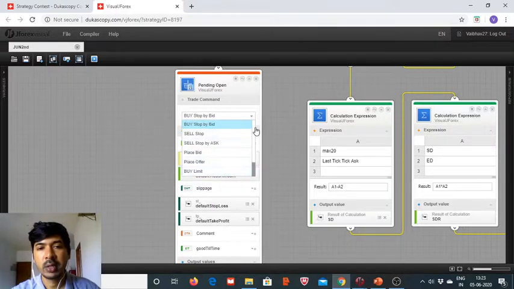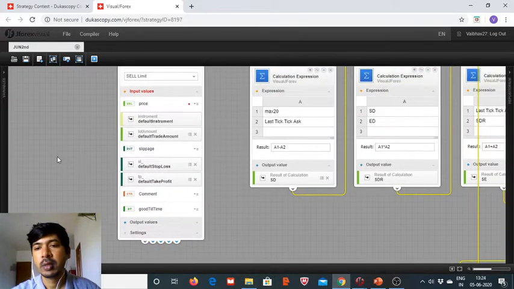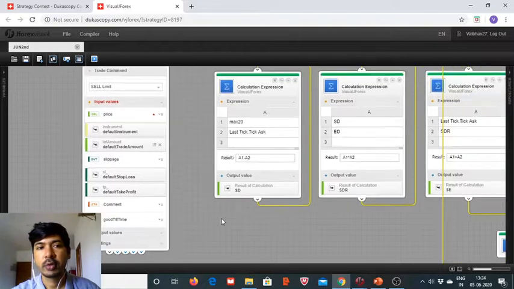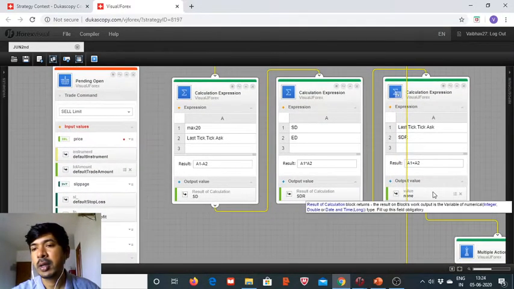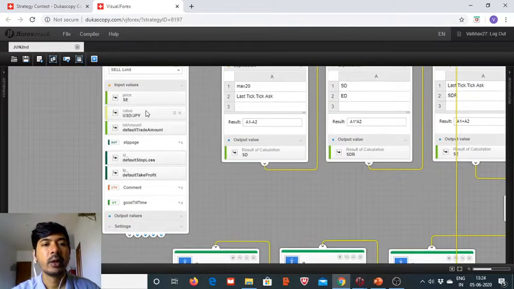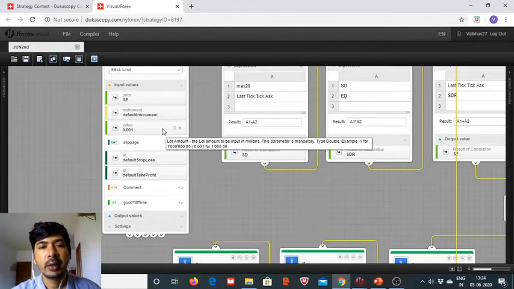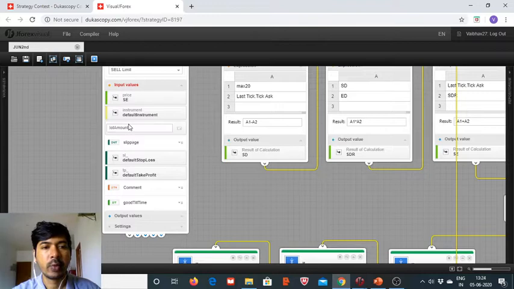It should be sell limit, so we make it sell limit. The price needs to be the sell execution price, which we have defined already in yesterday's session. So here we put that value, and default instrument, and this one is at 0.1 million.